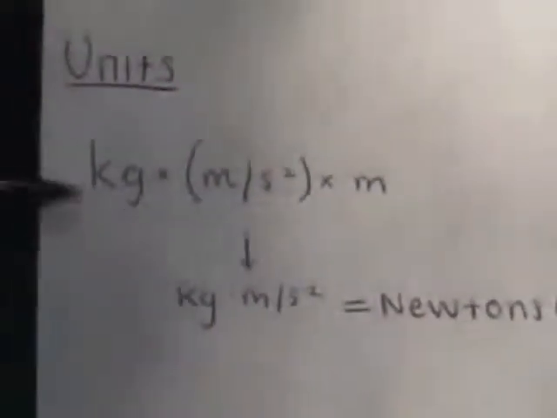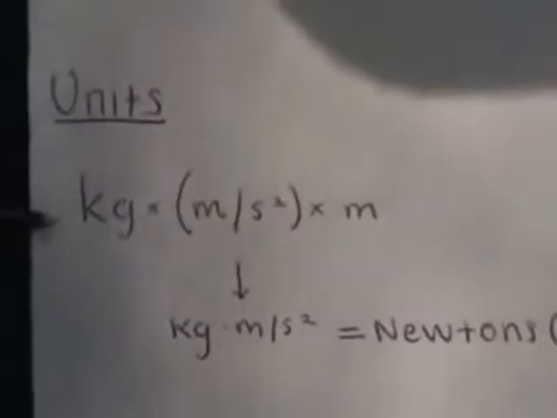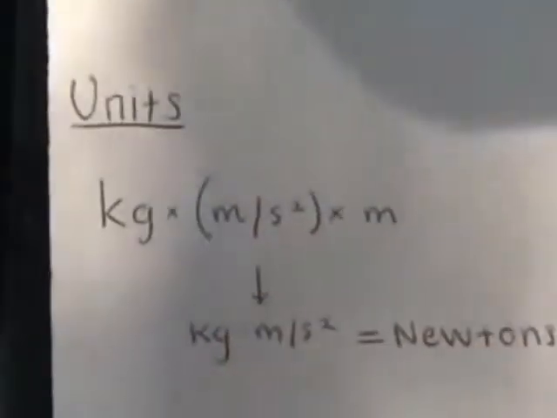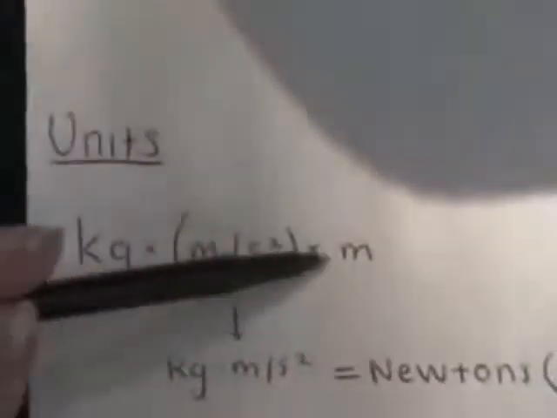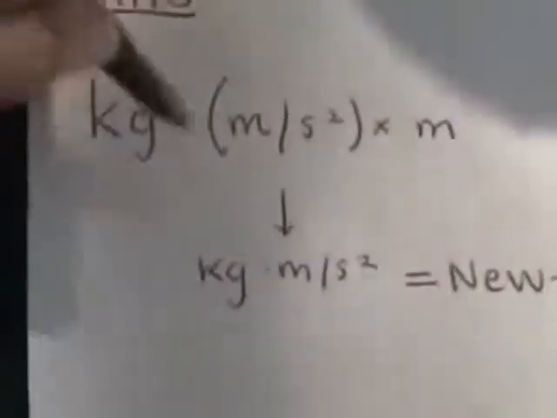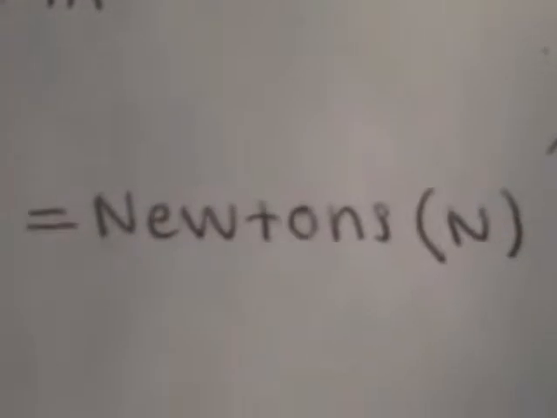So, we know that U sub g is mgh. So we'll take the units from each component and see what we get. The mass is kilograms. g is meters per second squared. The height is meters. But wait, the first two variables combine to form kilograms times meters per second squared, which is also a newton, which is also the unit for force.